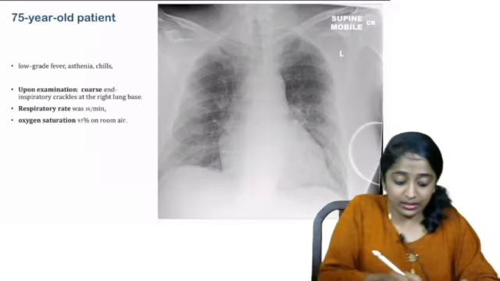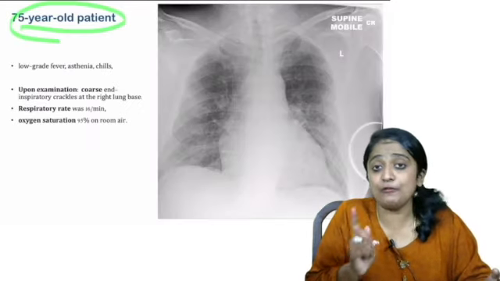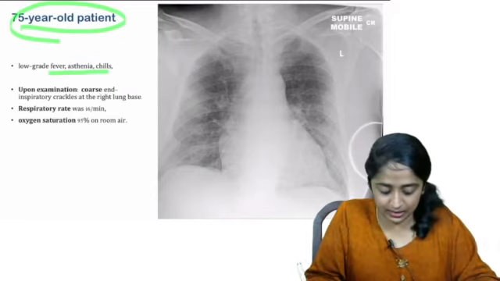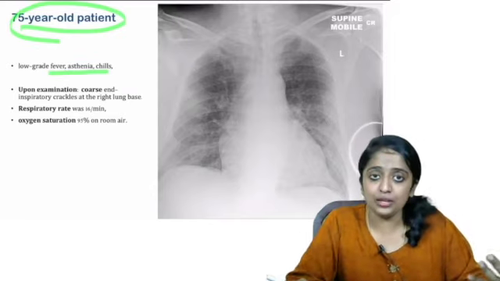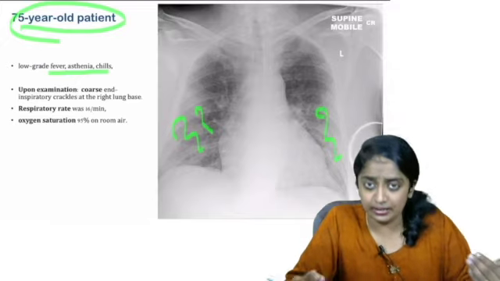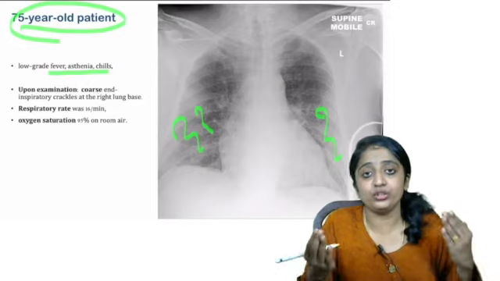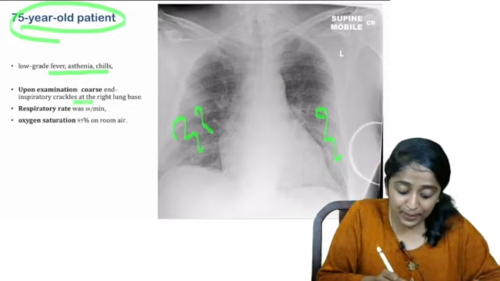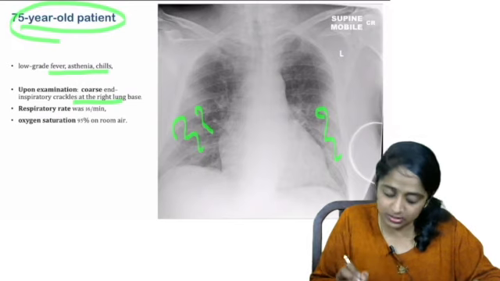So let's take a case from the literature of a 75-year-old patient complaining of fever, chills, asthenia, and on examination there were inspiratory crackles. So it shows that there is some lower respiratory tract infection involvement. Apparently, the patient was COVID-19 positive.